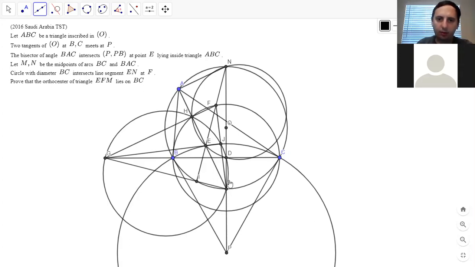We'd want to show that MB times MN, that's MB squared, is ME times MH. Which is the same as showing angle EBM is angle BHM.